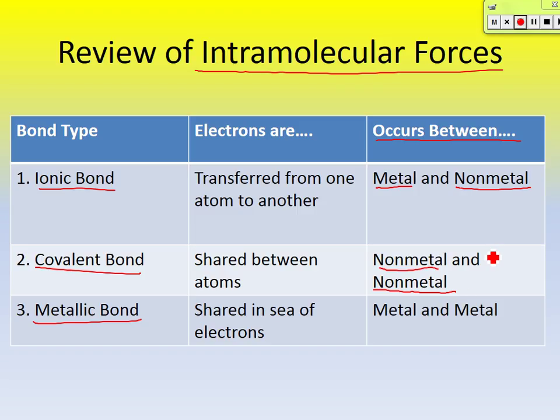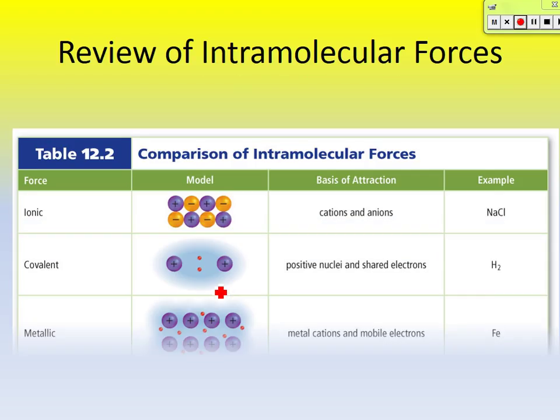So two elements that are above the staircase form covalent bonds. And metallic, this one's the easiest one of all. Two metals. And all of them share electrons between them except for ionic, which totally transfers the electron. We're going to talk about covalent bonds a lot in this chapter, and they share electrons between the atoms. And we've talked about that before.